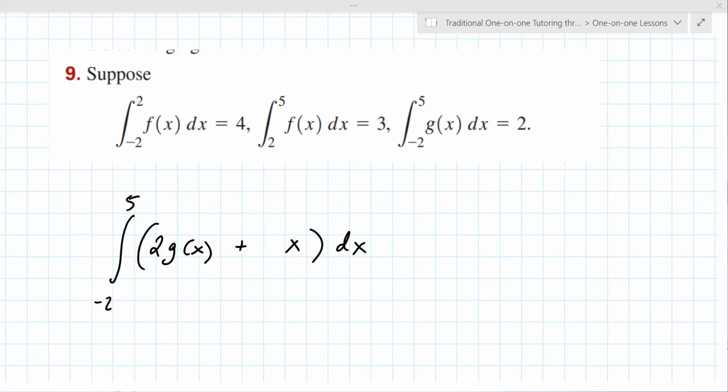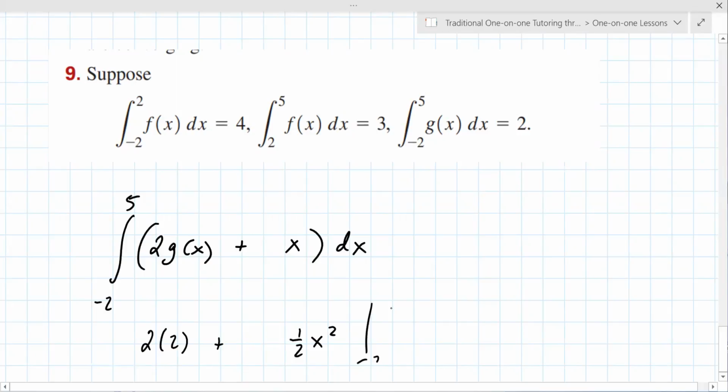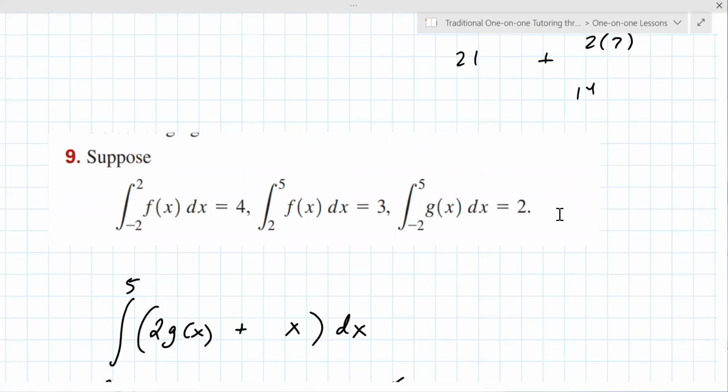So that's 2 times 2 plus x squared over 2 from -2 to 5. And you could figure that out, I guess. That would be, whatever that ends up being, right? Okay.